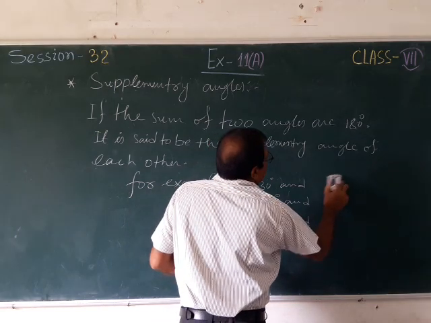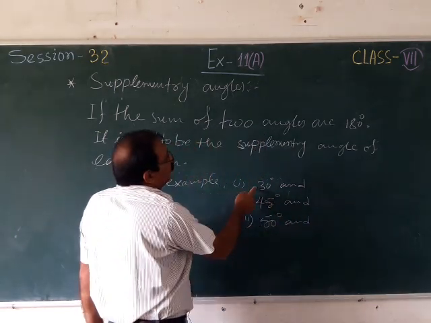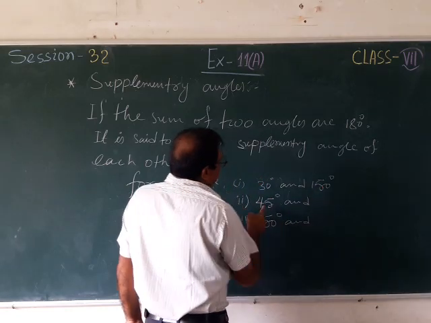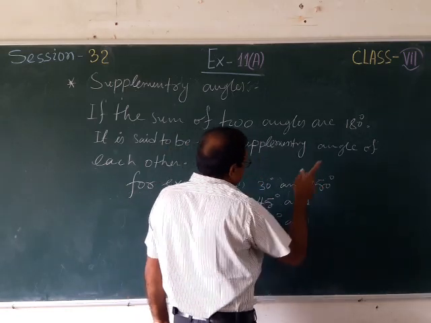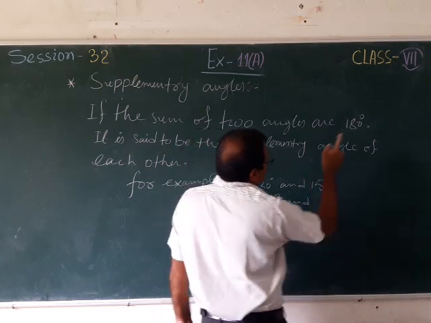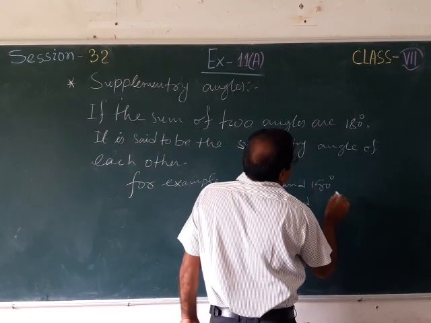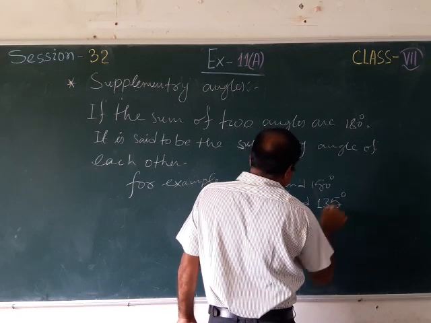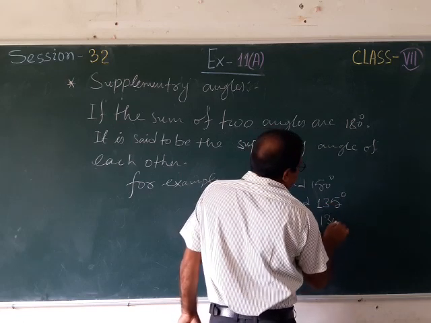Now suppose I ask you what is the supplement of 30 degrees, you can say 150 degrees. For 45 degrees, 180 minus 45: 10 minus 5 means 5, and 7 minus 4 means 3. So 135. For 50, you can write 130.